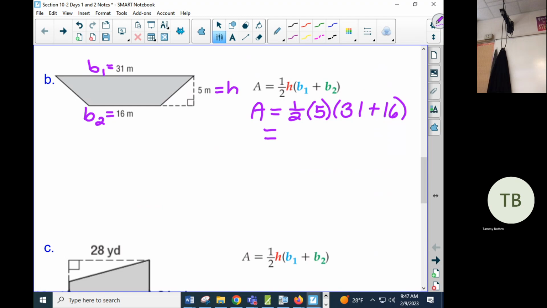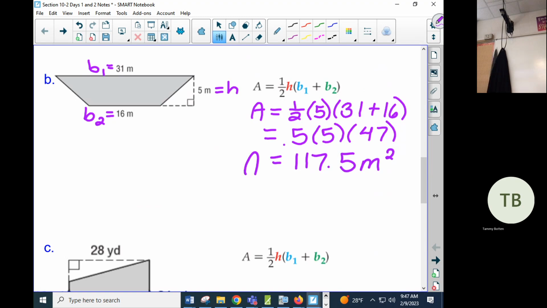Okay, so again, you could use parentheses and type that in as it looks, or you could think of what is 31 plus 16, and that's 47, and then you'd go 0.5 times 5 times 47, which I got 117.5, and that is in square meters.